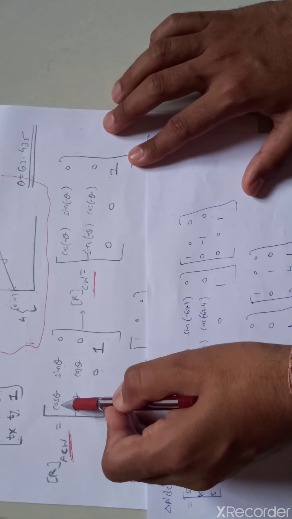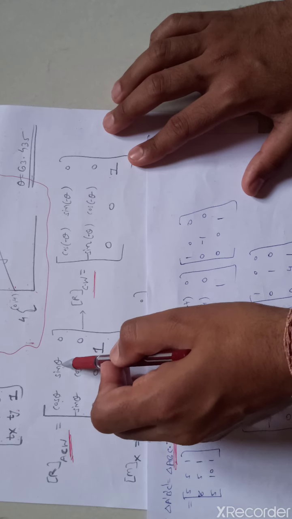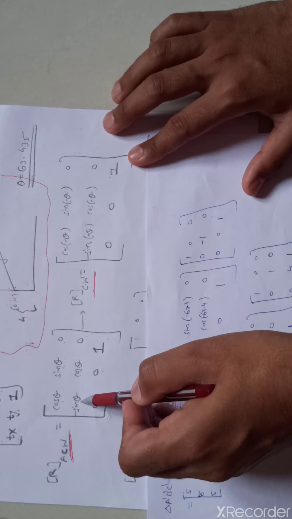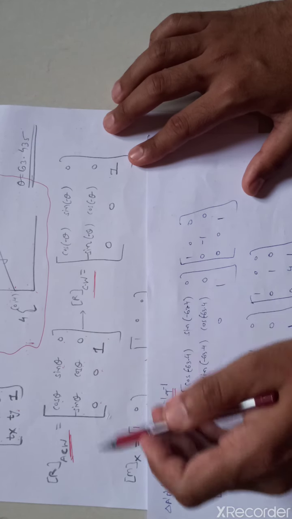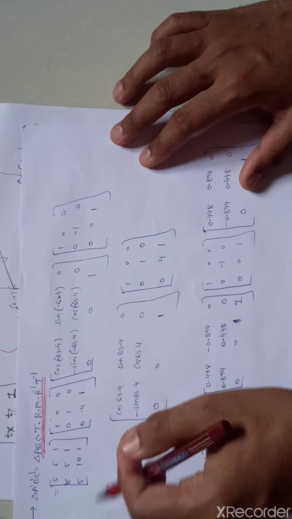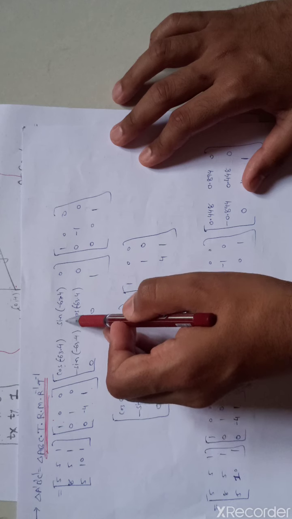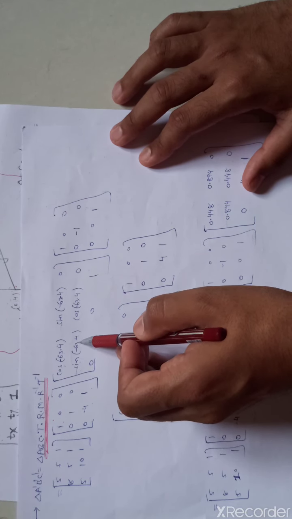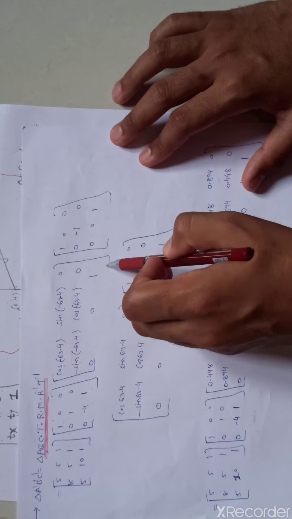So we simply put cos of minus theta, sin of minus theta, 0; minus sin of minus theta, cos of minus theta, 0; 0 0 1. Here theta is given, so we put cos minus 63.4, sin minus 63.4, 0; minus sin minus 63.4, cos minus 63.4, 0; 0 0 1.